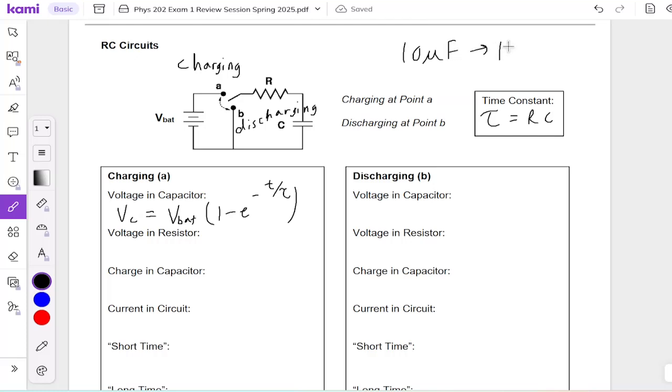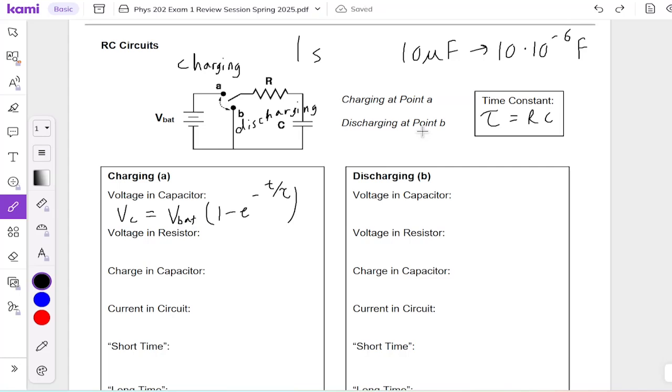You have to convert that to 10 times 10 to the minus 6 farads. We need to get it out of those micro units, or whatever units they give us. And that's what tau is, the time constant. You have an ohm and a farad, and you put them together and they make the second. That is a very weird baby unit of these two.